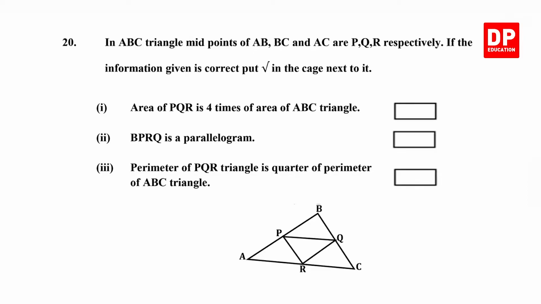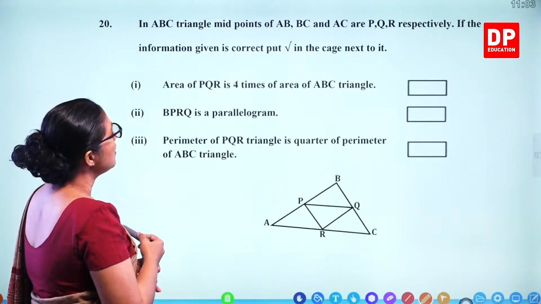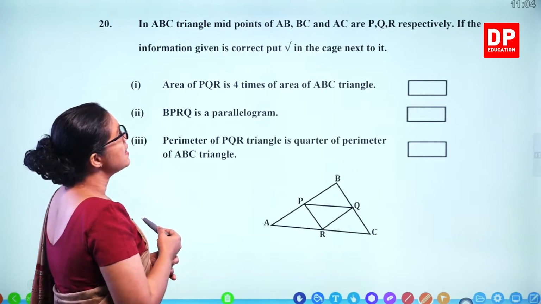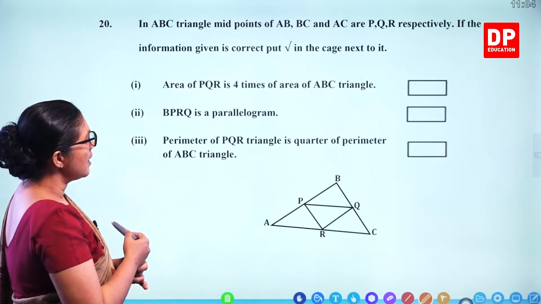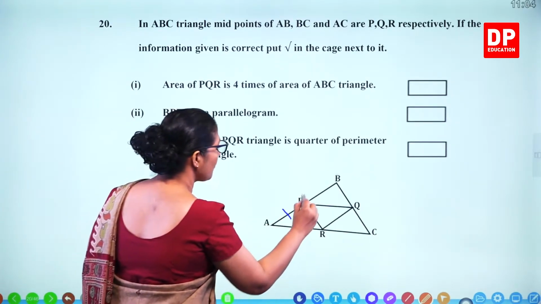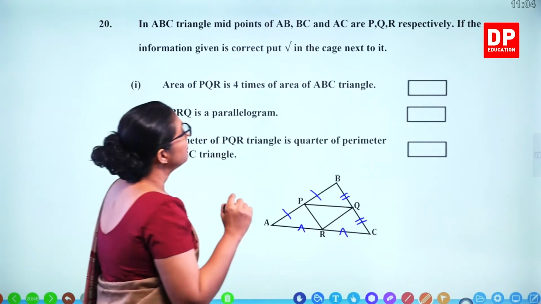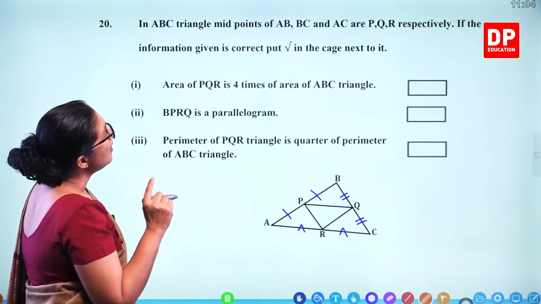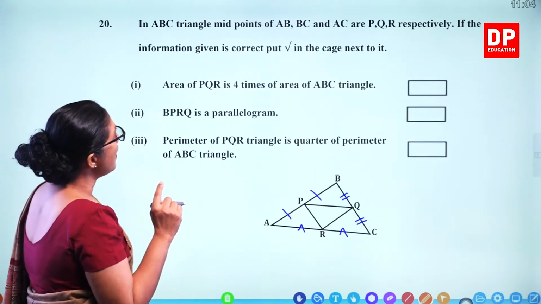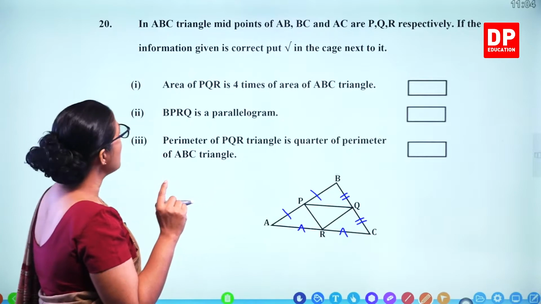Question number 20. In ABC triangle, midpoints of AB, BC and AC are P, Q, R. These are mid values. If the information given is correct, put a tick in the box next to it.